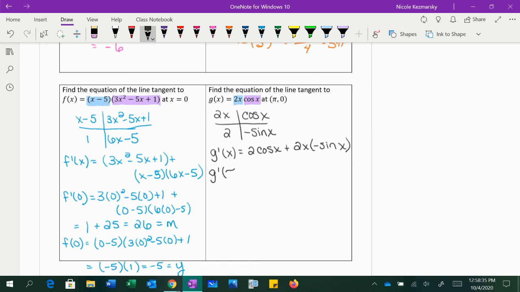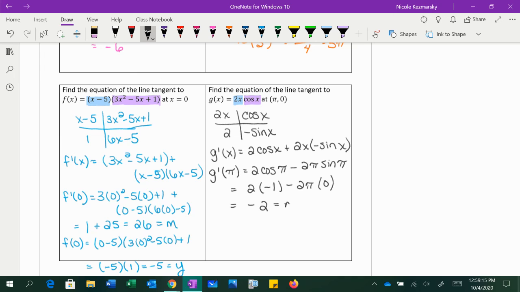So g prime of pi is going to be 2 cosine of pi, plus, actually, while I'm here, I'll make that negative 2 pi sine of pi. So I'll just bring that negative up to the beginning of the term. Cosine of pi is negative 1. So then I have 2 times negative 1 minus 2 pi sine of pi is 0. So that whole term goes away. And I'm just left with negative 2.